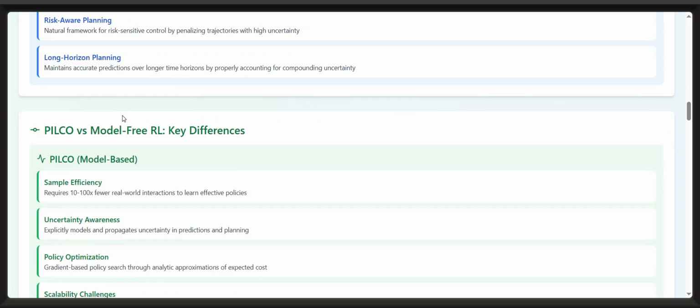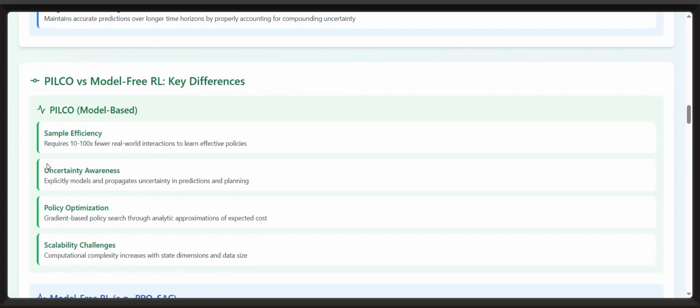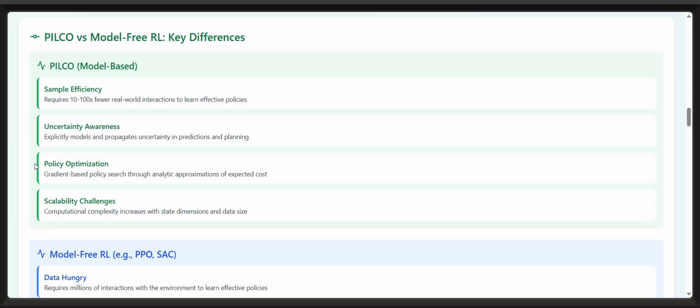So far, all of this sounds great, but let's step back and compare this model-based approach to model-free reinforcement learning methods like PPO or SAC. On the model-based side, the first clear advantage is sample efficiency. PILCO can learn good policies with 10 to 100 times fewer interactions.